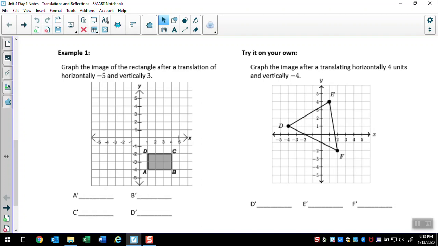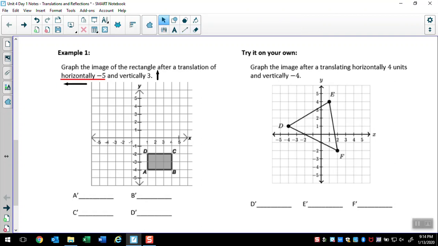Think about what horizontal means. That's left or right. Okay? Since it's -5, that means I'm going to shift it left. Negative means left. So I'm going to shift my rectangle left 5 and then vertically 3. Well, that's positive. So that means I'm going to shift it up 3.